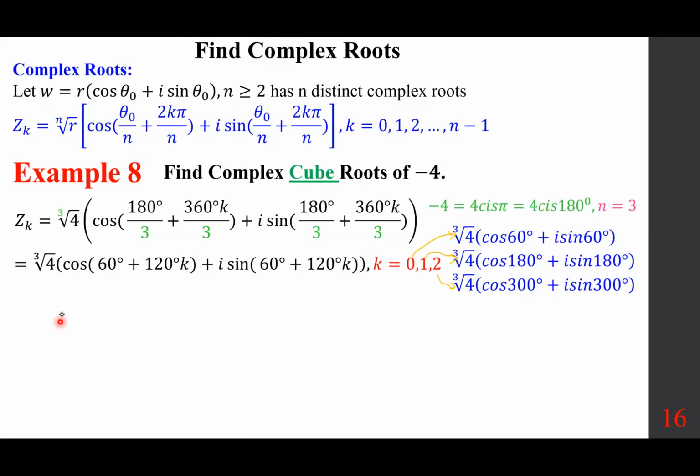So let's explain what this means. I want to make sure we understand this a little bit further. So that means all cube roots, all of them, have a magnitude of cube root of 4. And as I mentioned, you can always put it into a calculator and come up with the answer.